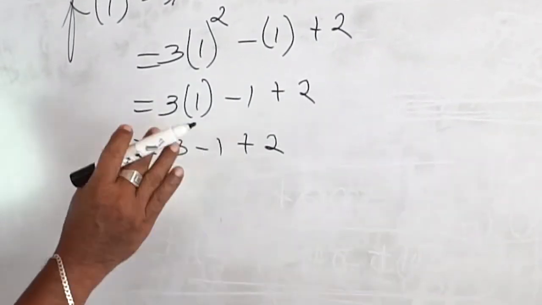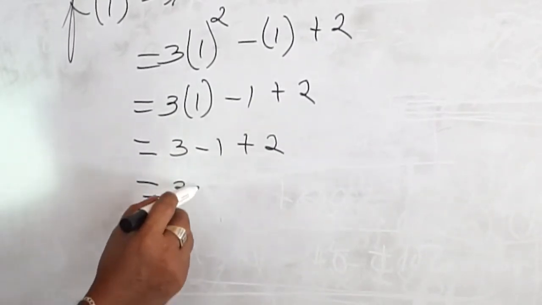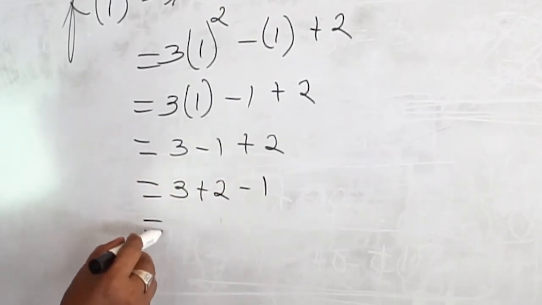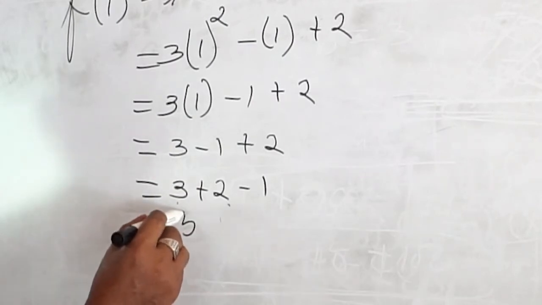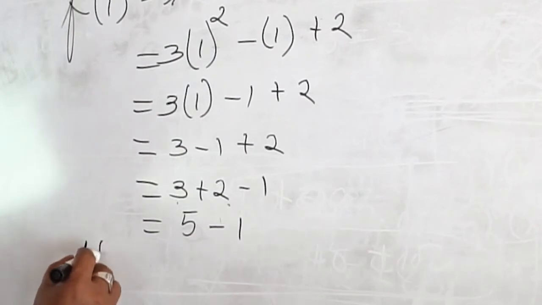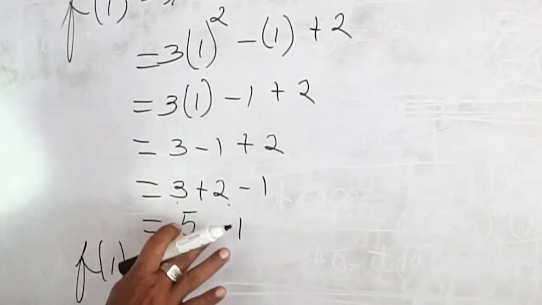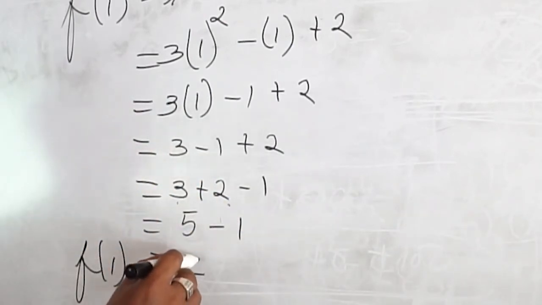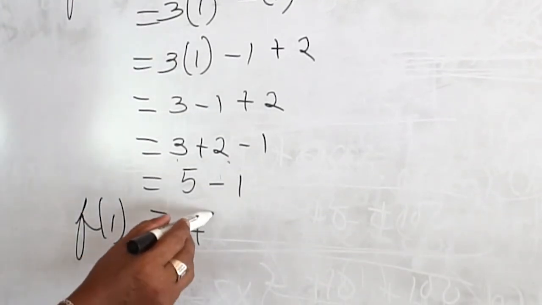Positive 3 plus positive 2 is 5, then we have 1. So f of 1 is equal to 5 minus 1, the result is positive 4. So the remainder is equal to 4.